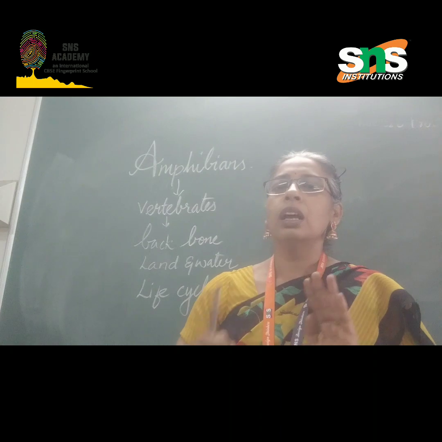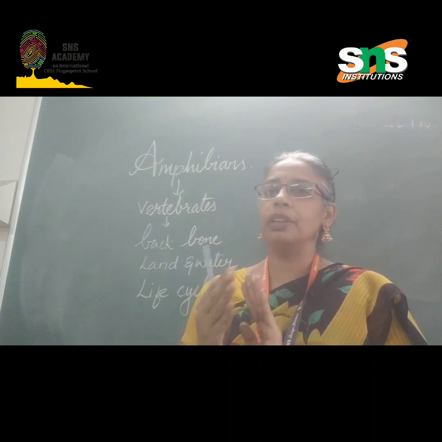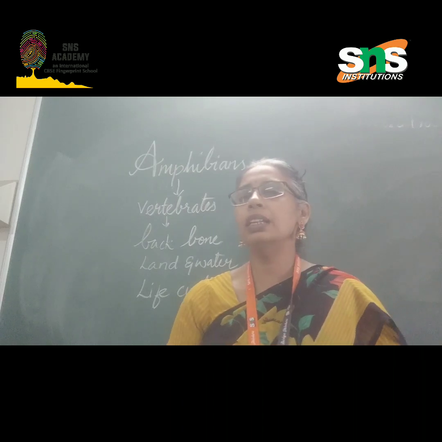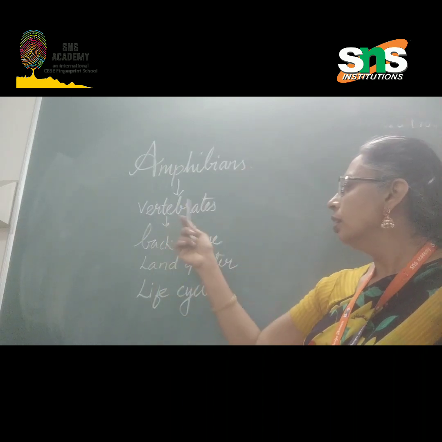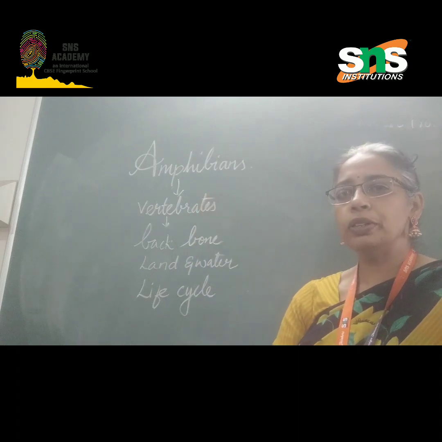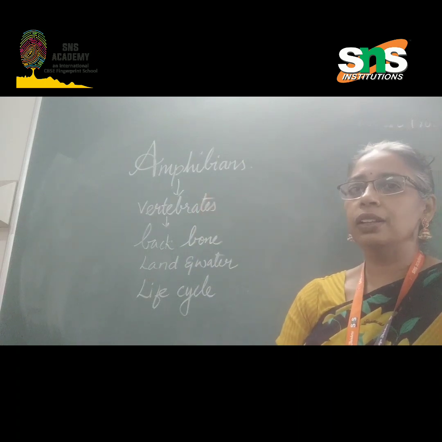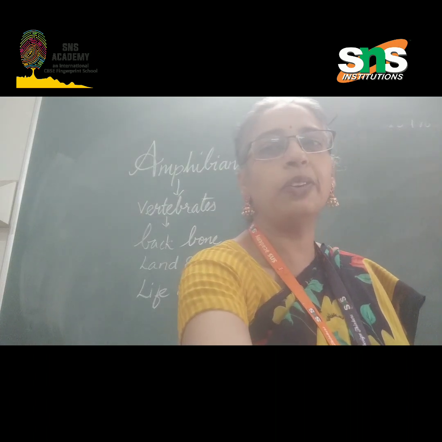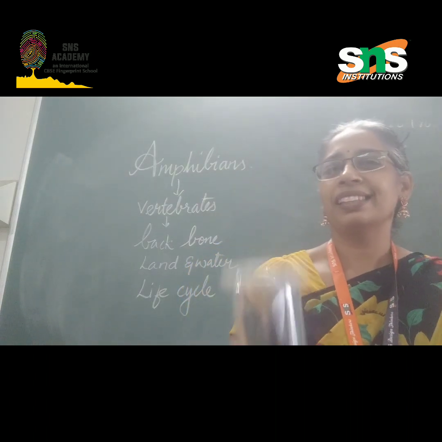So it has to spend a part of its life in water as well as on land. We'll see in detail about the vertebrates, that is the amphibians, and we are going to look into the life cycle of the frog.